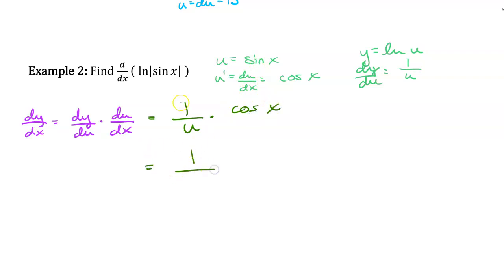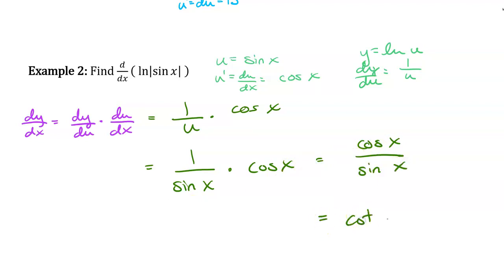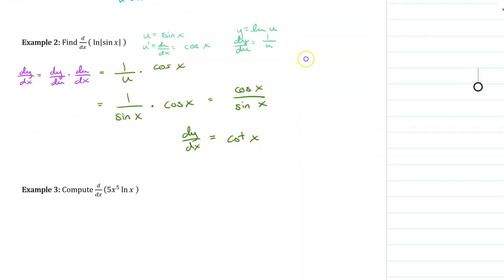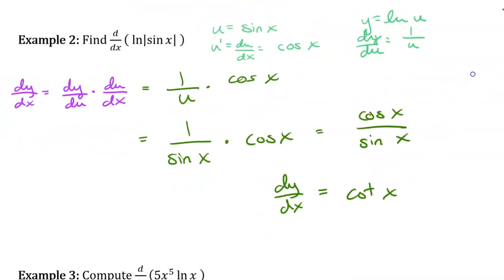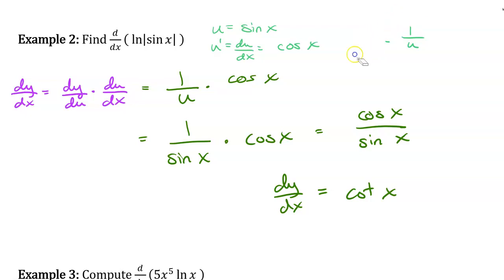So 1 over our u is sine x times cosine x, which is cosine x over sine x, otherwise known as cotangent x. That's a very long-winded way of doing that problem, but it does work. Now, let's do the exact same problem, but let's do it slightly differently.